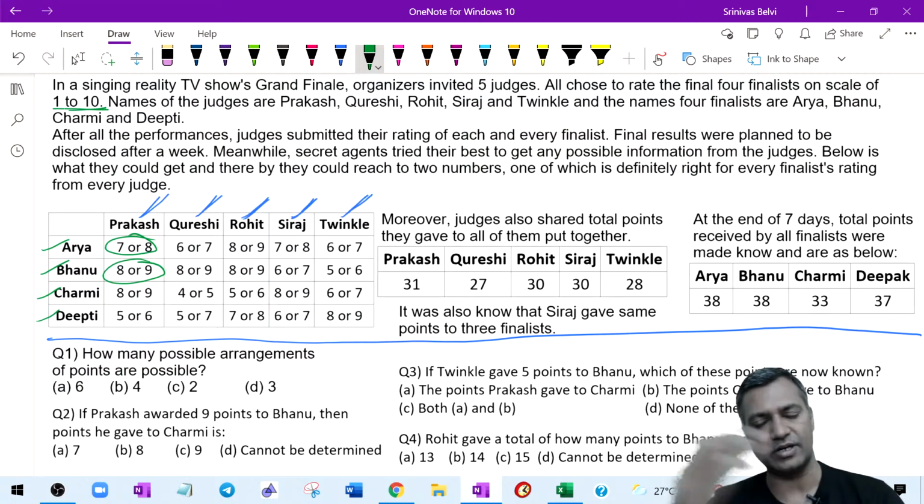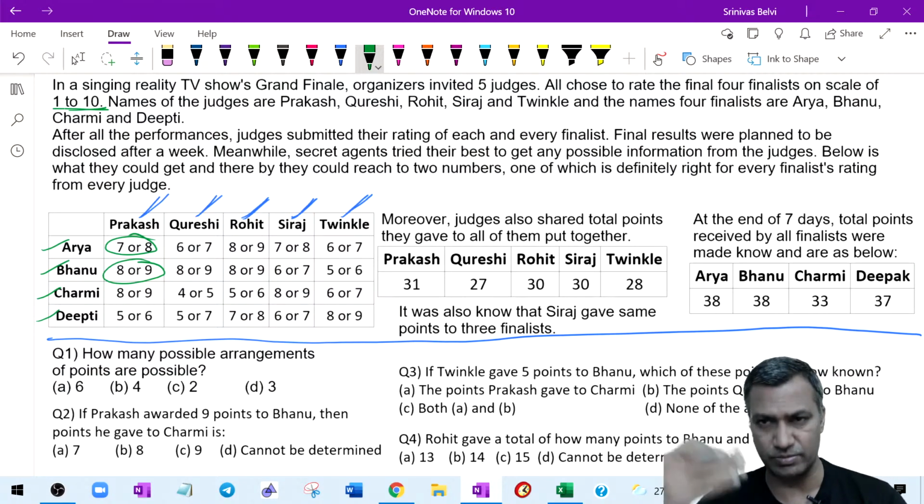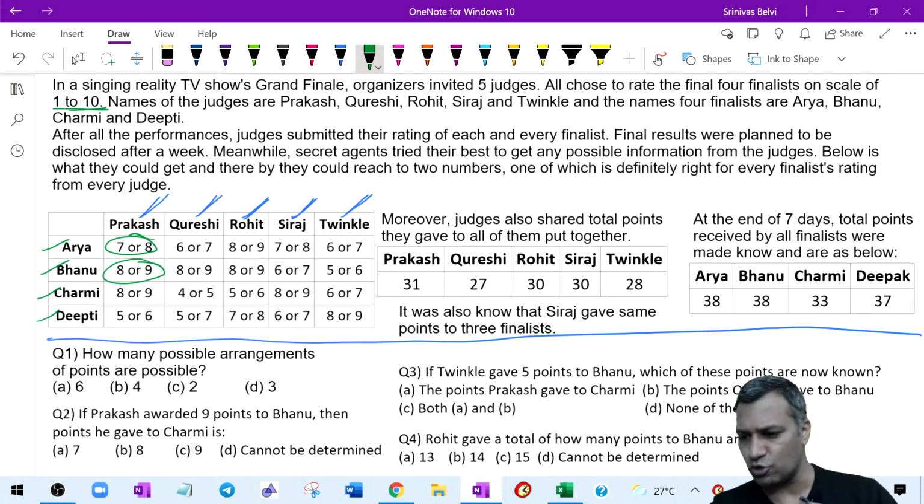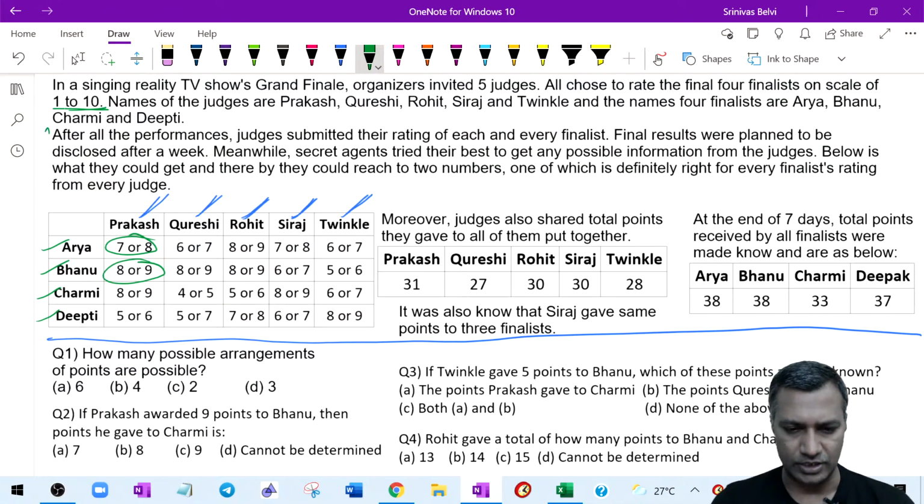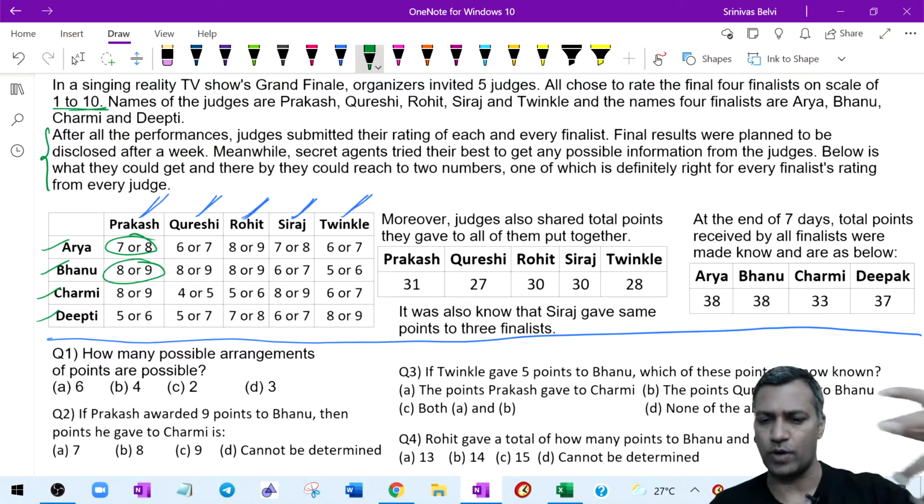There are 10 different ratings possible, let's assume. Maybe somebody could give 8.5, all that could have been possible, I'm not denying it. But after reading this whole set we arrived at two particular numbers. Some people went and tried to inquire, the agents tried to inquire some results, all of that.